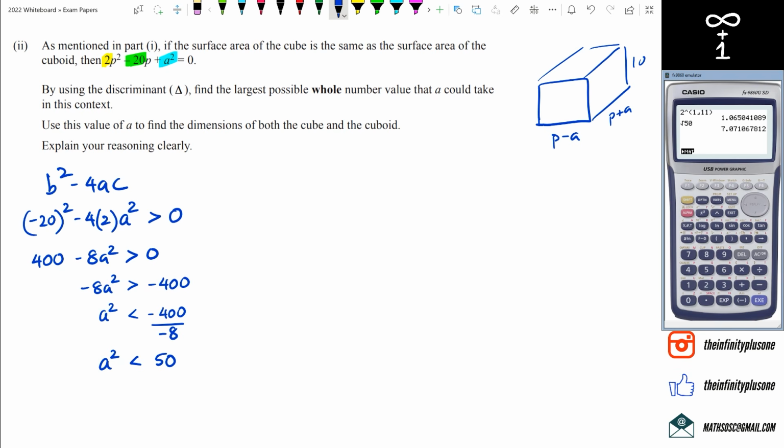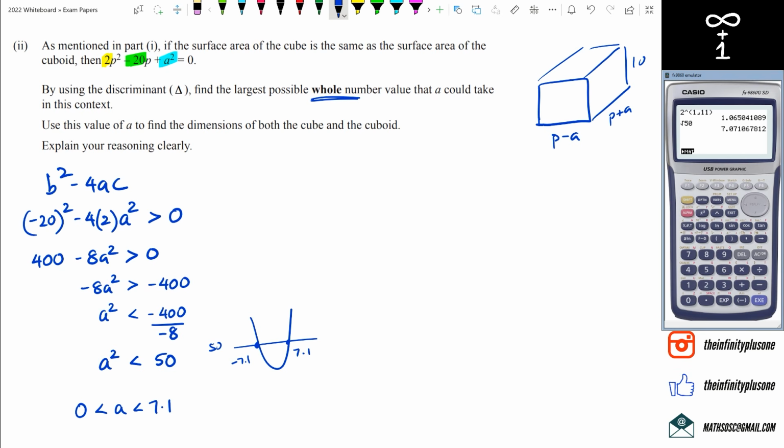Because if I draw it like this, with 50 there, and this is a squared, then this right here is negative 7.1, and this one here is positive 7.1. But in this case, because it's a whole number, we're going to say a is between 0 and 7.1. And again, we're looking for a to be a whole number, and we're looking for the largest whole number.